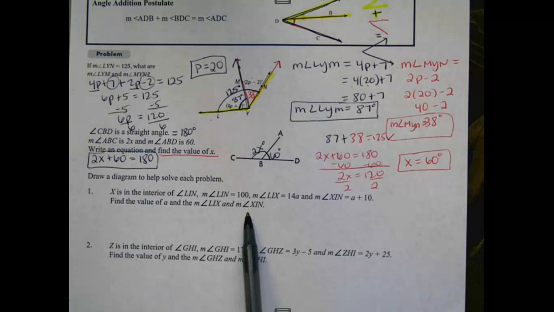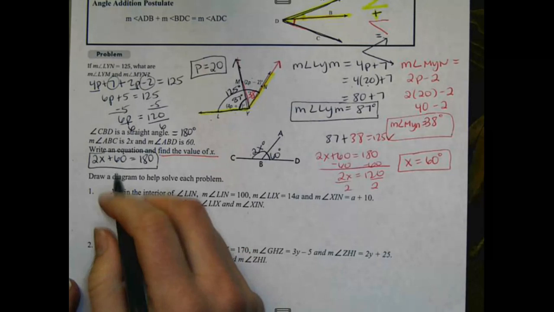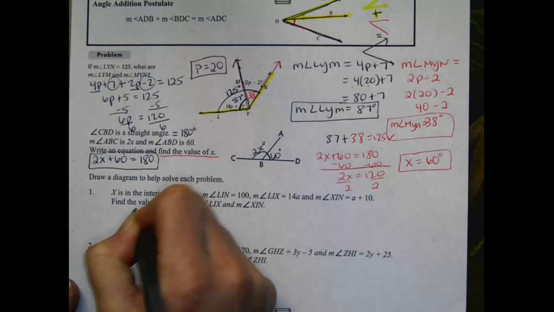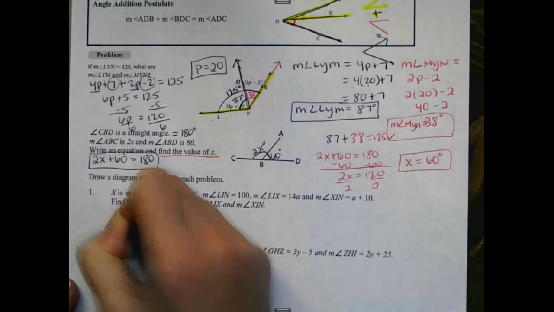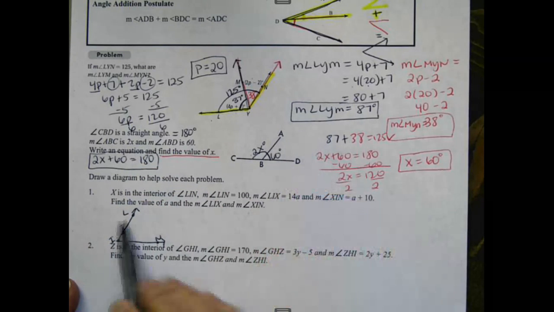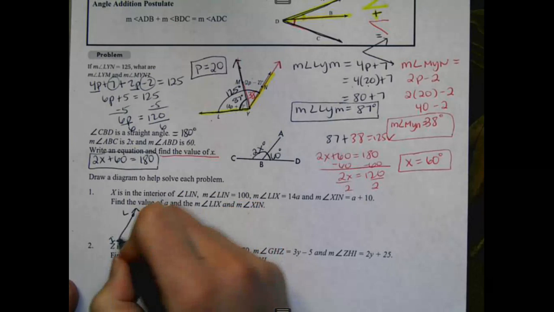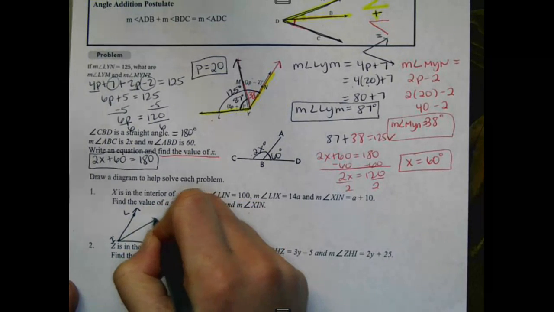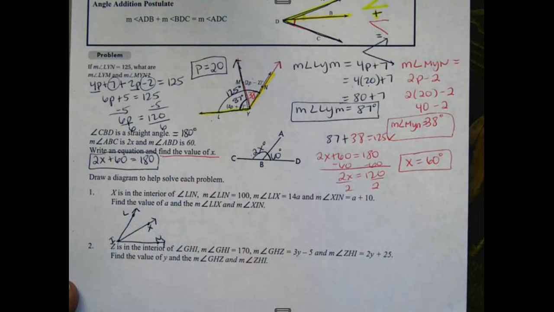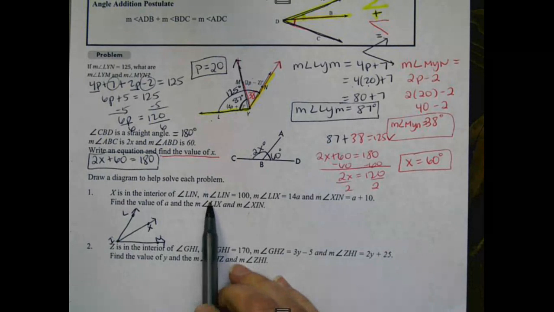Okay, so let's actually draw our angle of LIN first. I'm going to draw it kind of bigger because I know we're going to be squeezing things in. So L, I, and N. X is the interior angle of LIN, so I need to draw an interior angle here, and this is X. Okay, so now I'm going to label each of these values.